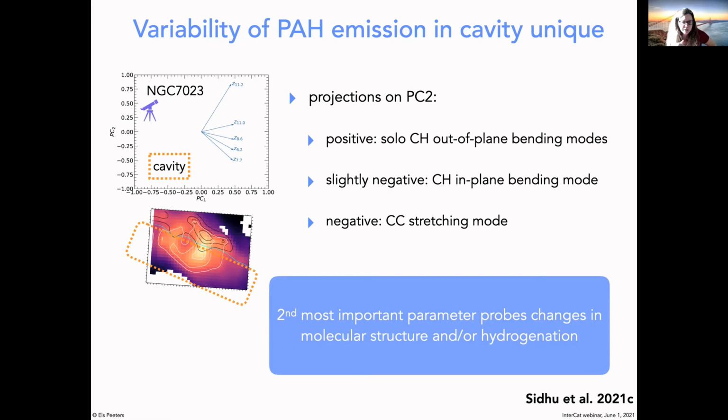If you go to lower values, you go to the CH in-plane bending mode, and for very negative, you go to the CC stretching mode. So this second principal component probes changes probably in either molecular structure and/or hydrogenation. And so here again, we see that we can actually start probing the PAH population beyond the charge and the size.